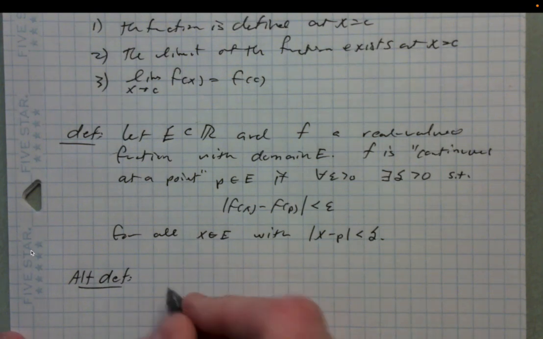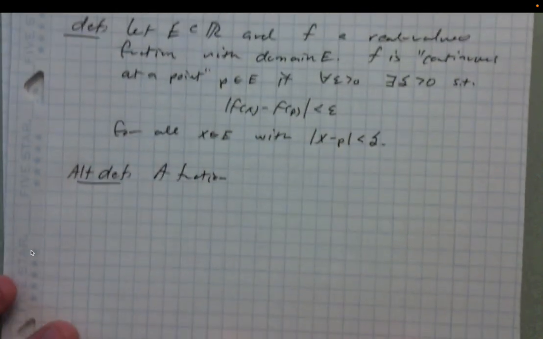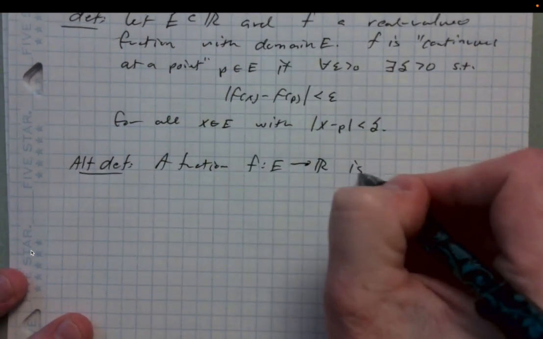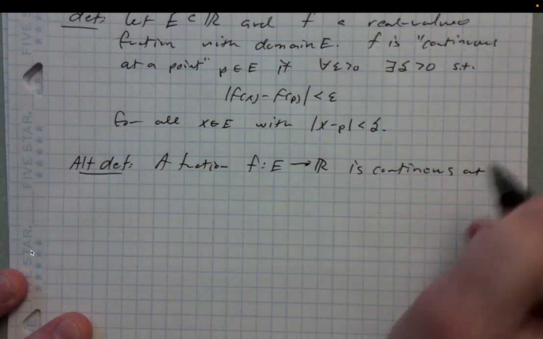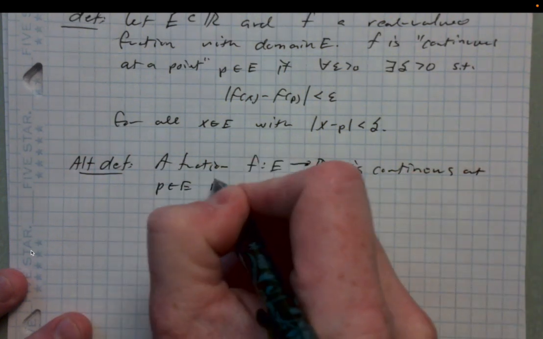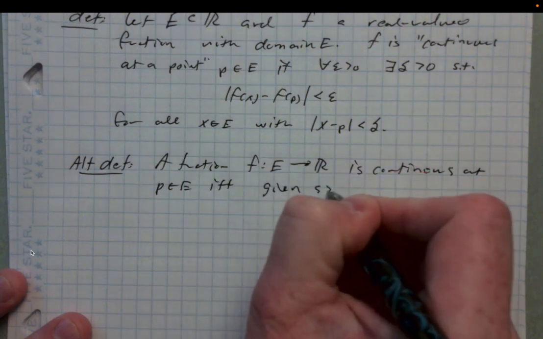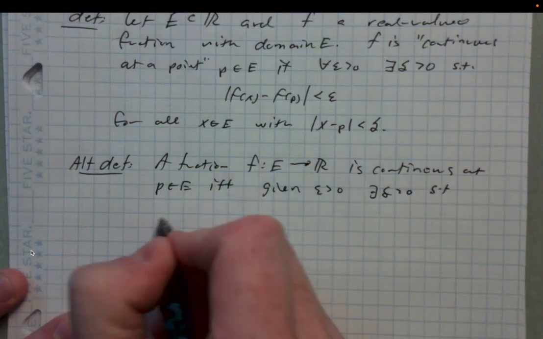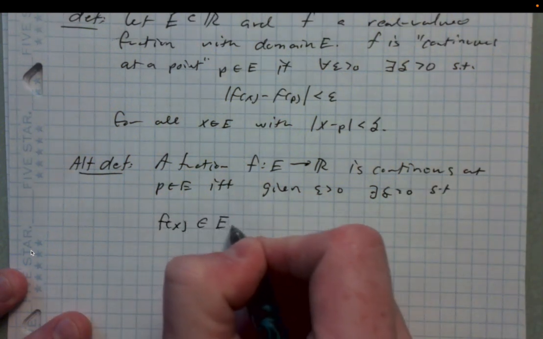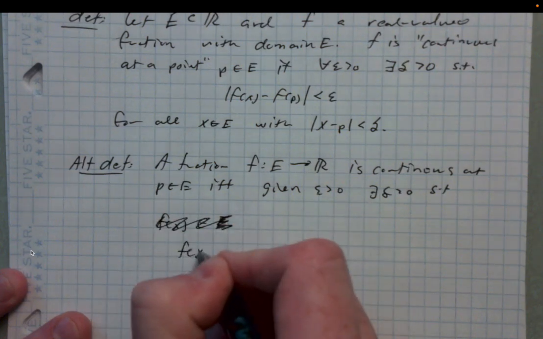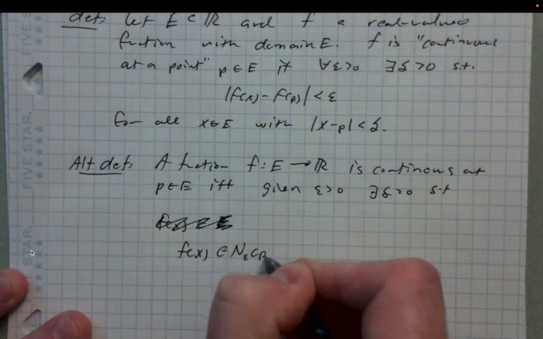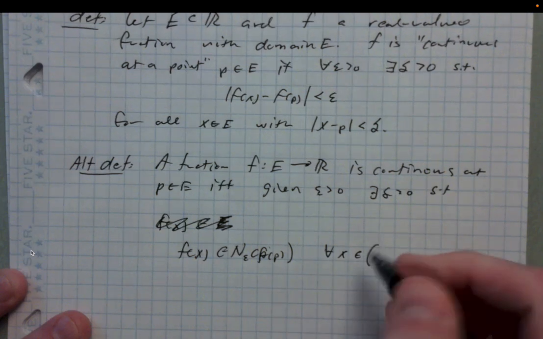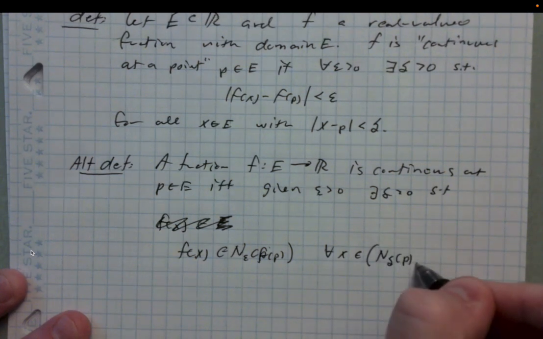A function f from E into the real numbers is continuous at p in E if and only if, given epsilon greater than 0, there exists a delta greater than 0 such that f of x is in the epsilon neighborhood of f of p for all x in the delta neighborhood of p in E.